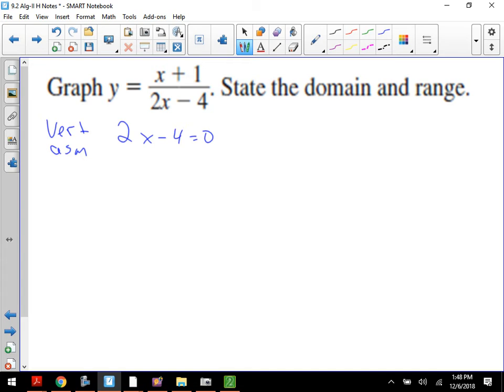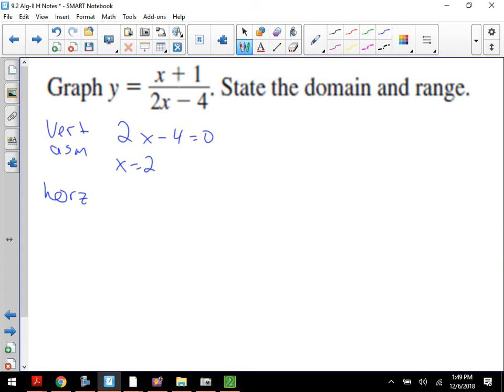So what's the zero of my denominator? So I have a vertical asymptote at x equals 2. Since the degree in the numerator and the degree in the denominator are the same, they both have x to the first, the asymptote will be the leading terms' coefficients as a fraction.